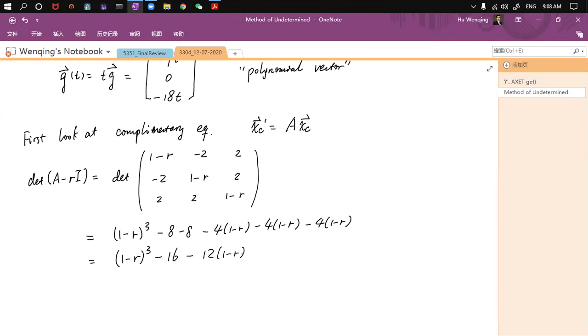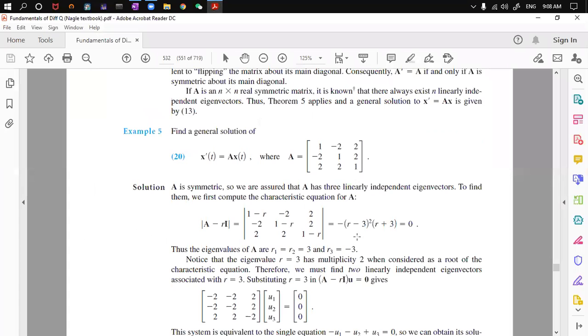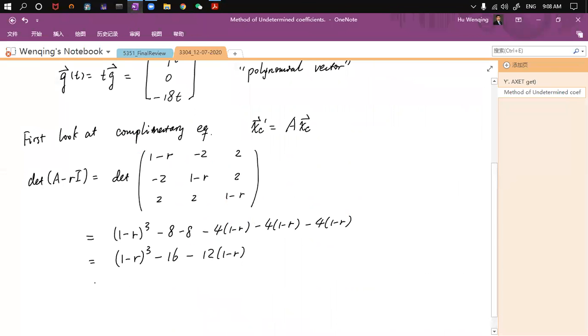Now you have to do factorization. So here I'm going to write this as 1 minus 3 times R, plus 3 times R squared, minus R cubed.